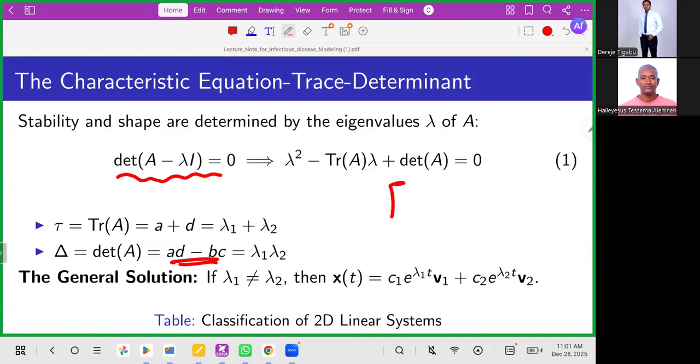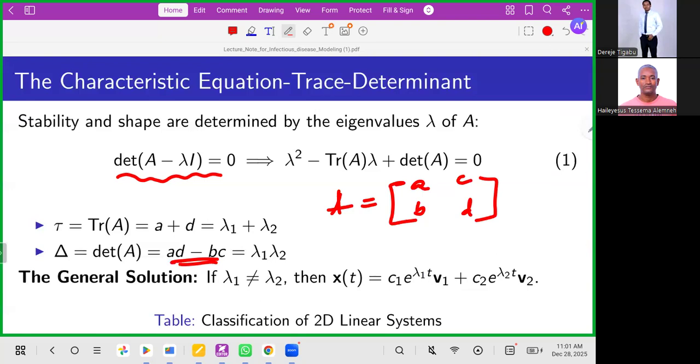Considering that the coefficient matrix A has entries A, B, C, D, to make it more simple, the determinant of this coefficient matrix is AD minus BC, which is lambda 1 times lambda 2, and the trace is lambda 1 plus lambda 2.